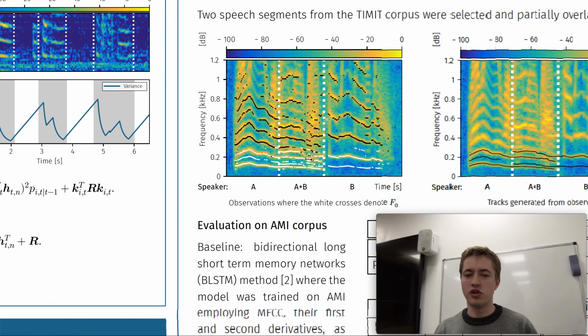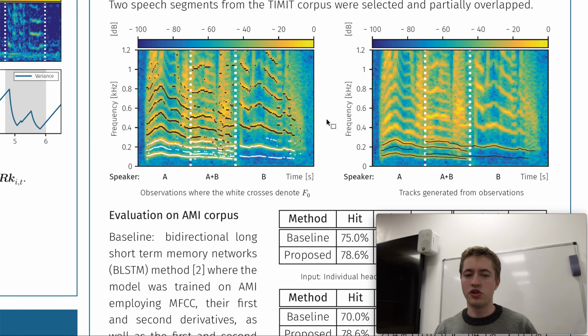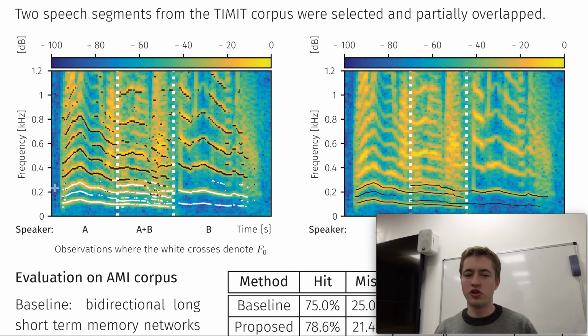Let me zoom in so you can see it a bit more.